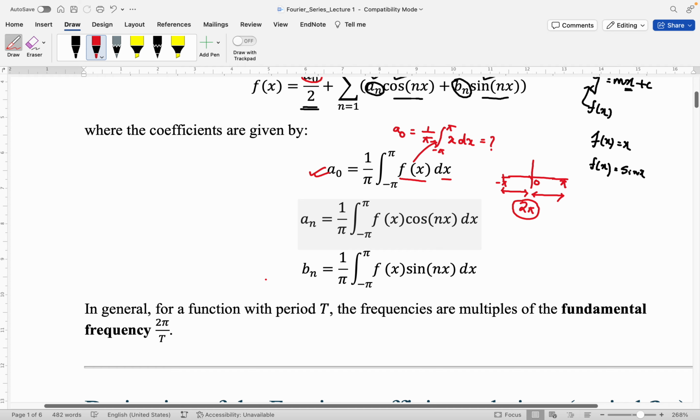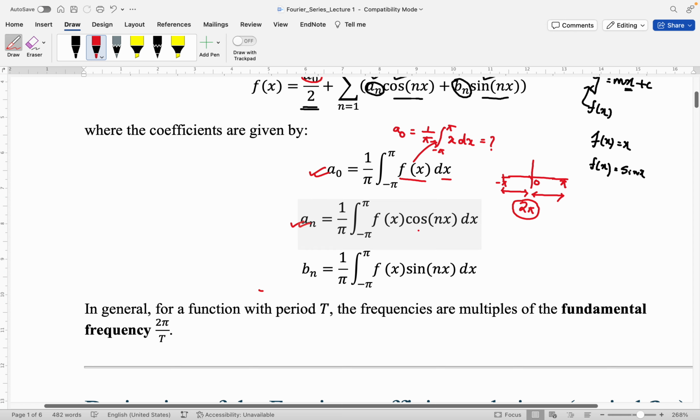Okay, so we have found out a naught. So what is an? Next is an, so for an we have to again take up a formula. For an, the formula is this.